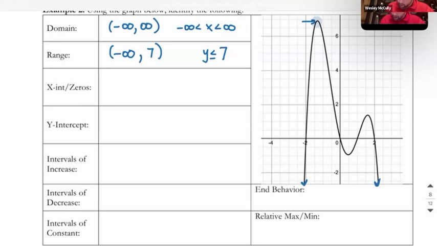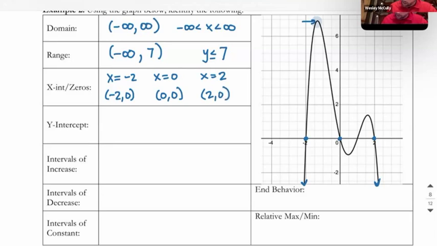All right. Where does this thing cross the x-axis? Looks like it crosses right here at -2, at 0, and at +2. So we have x is equal to -2, x is equal to 0, x is equal to +2. Those are the points (-2, 0), (0, 0), and (2, 0).